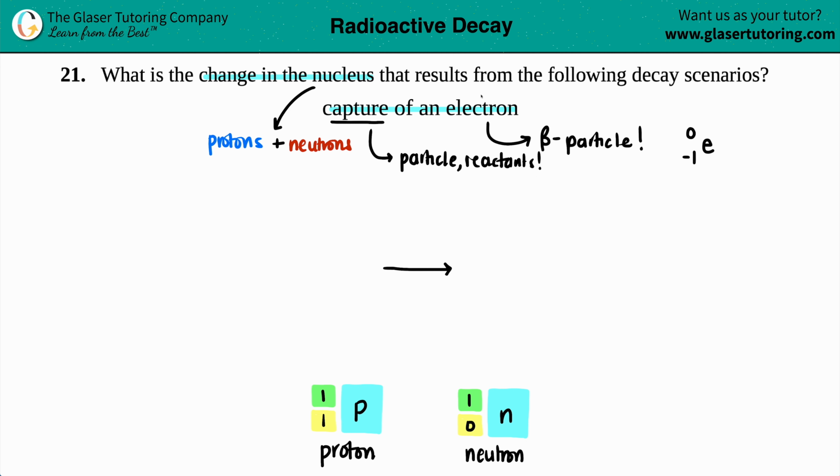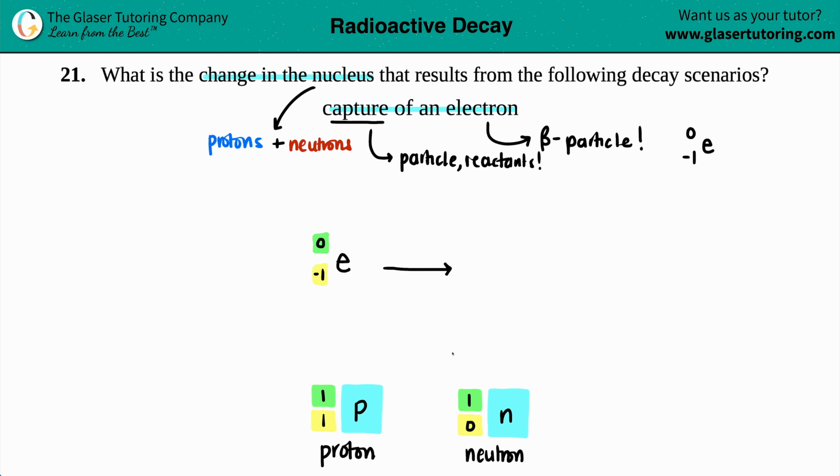So now I know that this electron is over here. Let's write it out. We have an electron, and now let's do the colors. We have the number on the top, which we said was 0, and the number on the bottom, which is the charge of the electron, a -1. So now we have to decide what's happening with my protons and neutrons.